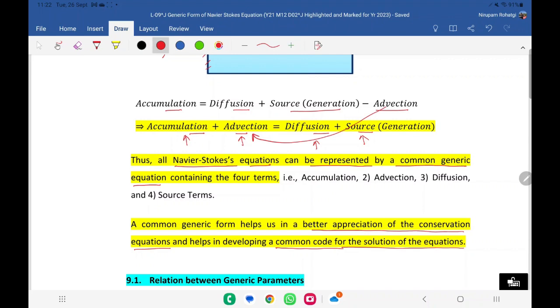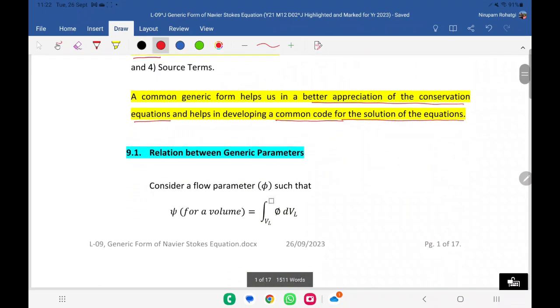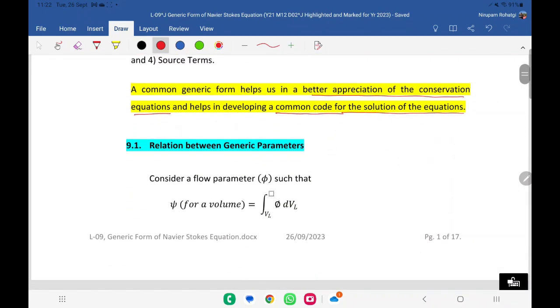Okay, now let us go about doing it. We will do it using generic parameters. First we'll do it for a generic parameter, and these generic parameters we are calling phi and psi. These are the two parameters we are using.